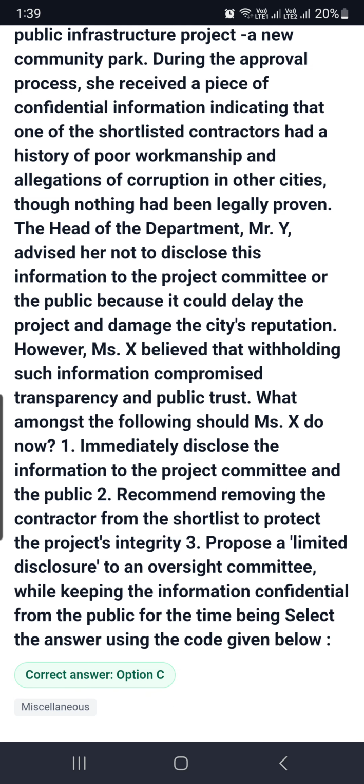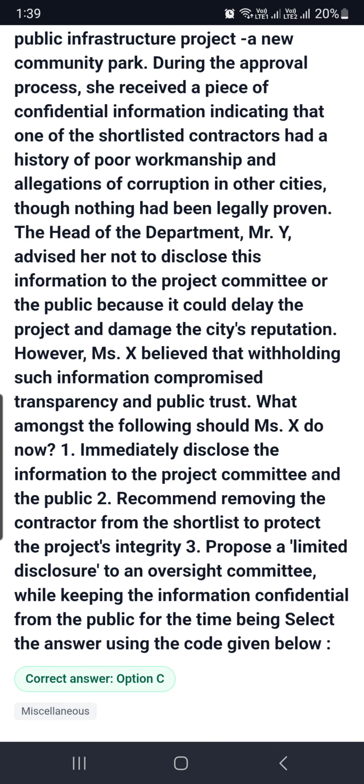But this is an ethics question, not a law question. So if we're looking from that lens, then she should, even if she does not have legally proven evidence that this person has poor workmanship, since she has received certain information and is aware that he has a history of poor workmanship and allegations of corruption, she should take precautionary steps to prevent the project's integrity being damaged.